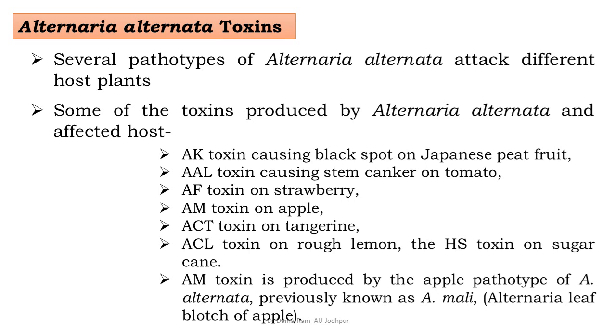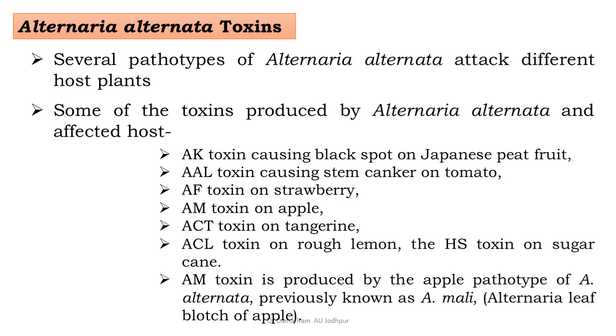Some of the toxins and the hosts on which they are produced and affect are: AK toxin causing black spot of Japanese pear, AAL toxin, AF toxin, AM toxin, ACT toxin, ACL toxin on rough lemon, and AS toxin on sugar cane.